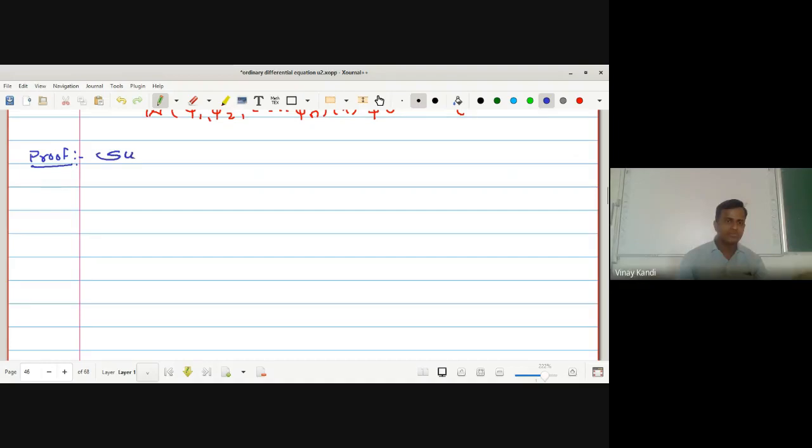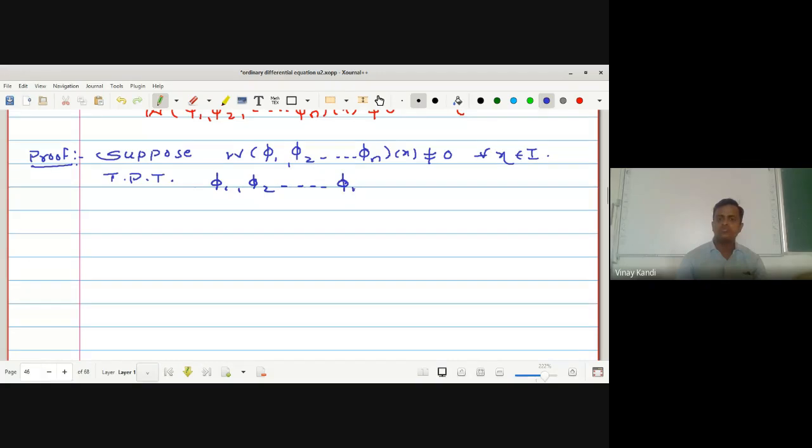Suppose, first part, the Wronskian of phi 1, phi 2 up to phi n at any point x is not equal to 0 for all x belonging to I. We have to prove that phi 1, phi 2 up to phi n are linearly independent.